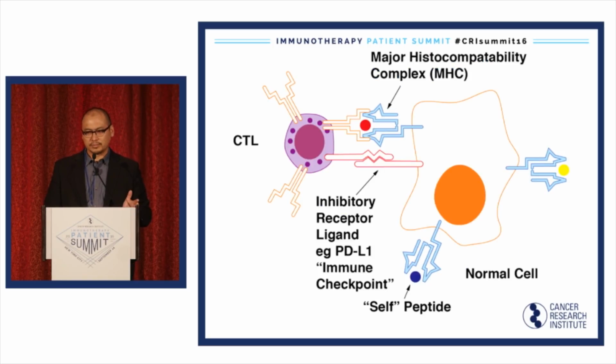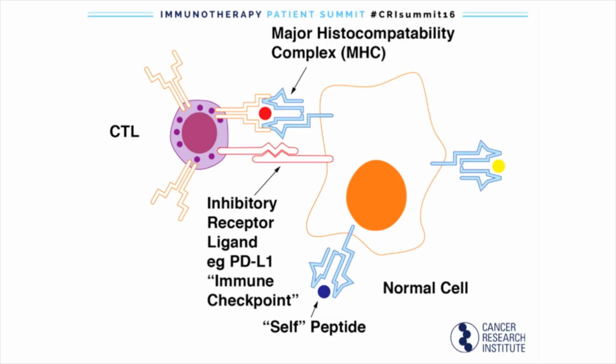So under normal circumstances, normal cells are constantly recycling bits of normal proteins that they make, and they're recycling them onto the surface of the cell in something called the major histocompatibility complex. So the MHC is a way for the cells in your body to communicate with T cells.